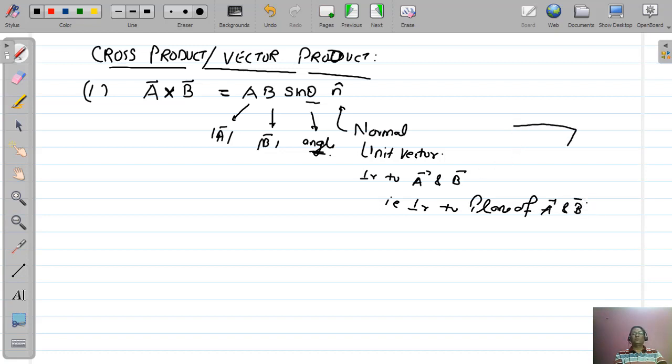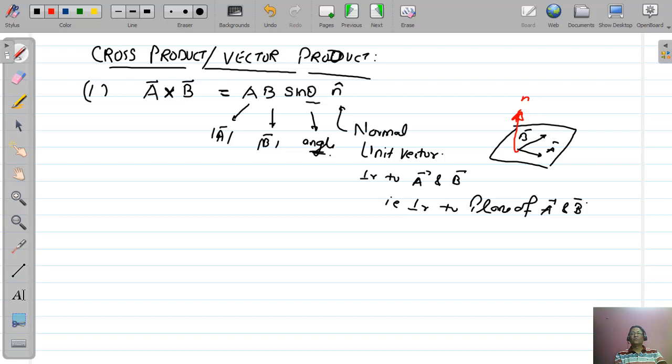Means if this is a plane, this is vector A, this is vector B, then vector n will be perpendicular to this plane.